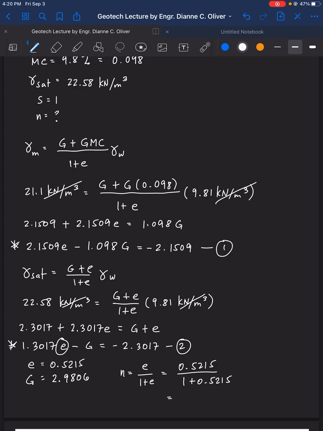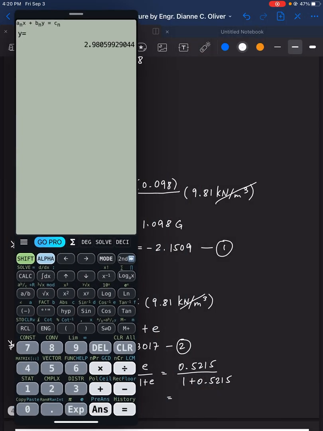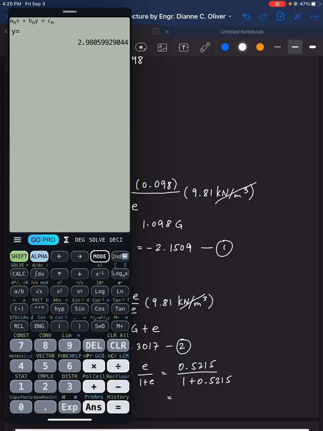N now is equal to 0.5215 divided by 1.5215 equals 0.3427.